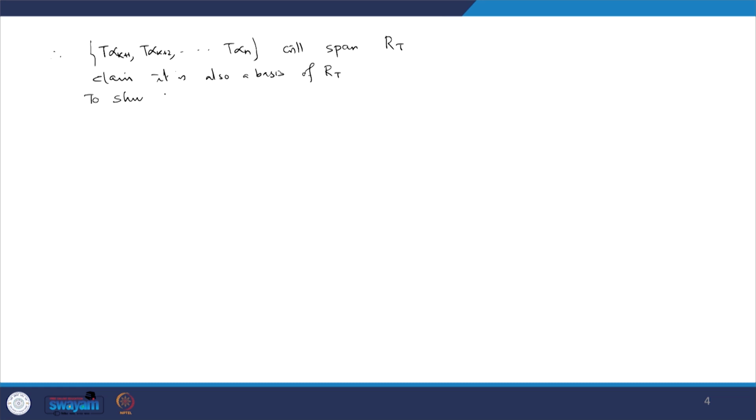Now, to show it is a basis, I have to show this T alpha k plus 1, T alpha k plus 2, up to T alpha n is a linearly independent set.